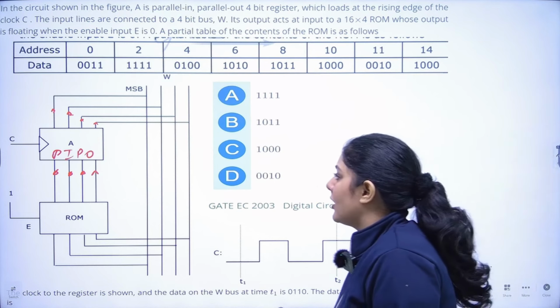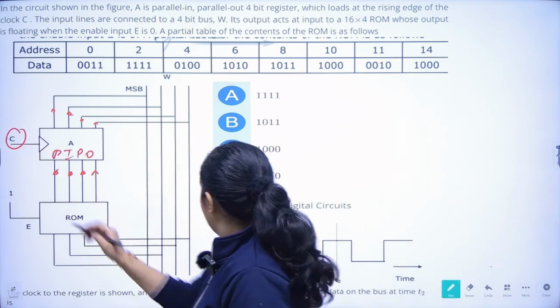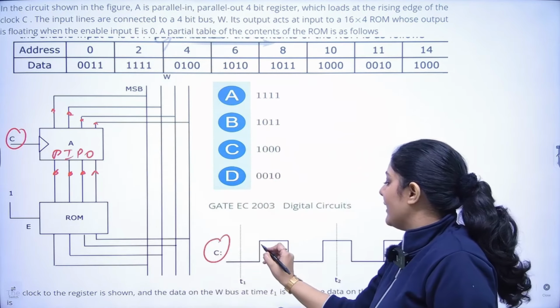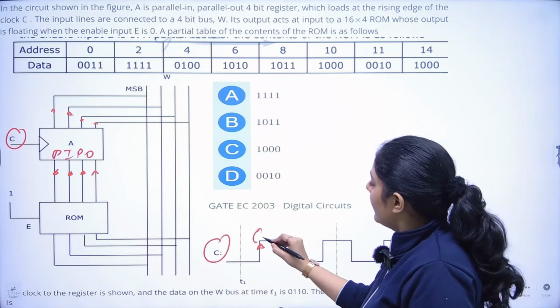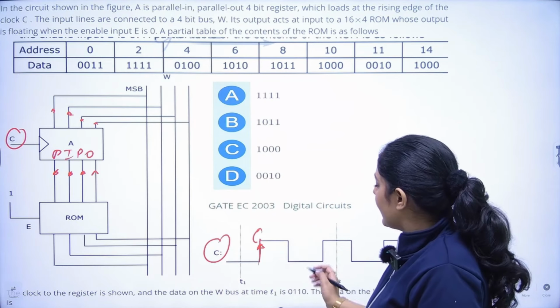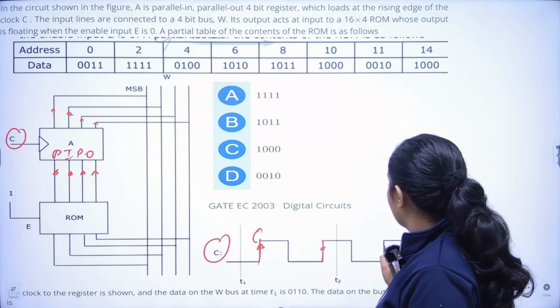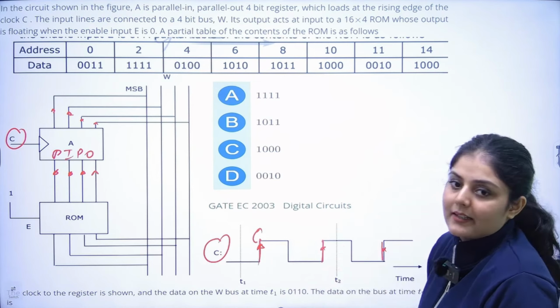This is driven by this clock C, and the data is loaded inside this register at the rising edge. So this is the rising edge, this is the rising edge, and this is the rising edge.